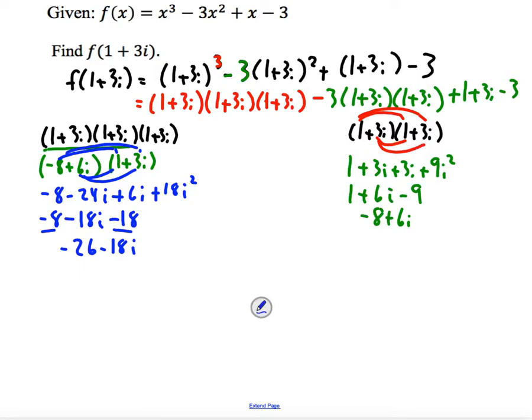All right, so coming back up here, we have f of 1 plus 3i is equal to, we just found out, 1 plus 3i times 1 plus 3i times 1 plus 3i is negative 26 minus 18i. And then minus 3, and we found out 1 plus 3i times 1 plus 3i is negative 8 plus 6i.